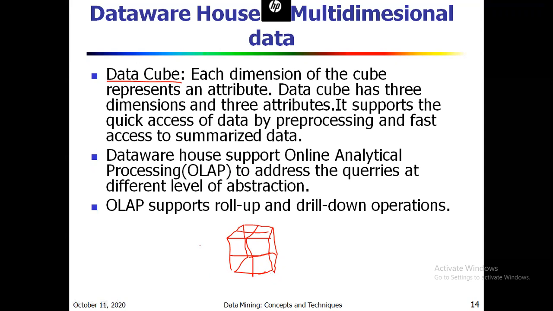So you can address the query in different ways of accessing your data. You can ask considering any of the attributes or any combination of the attributes, so you can generate a query. So online analytical processing supports roll up and drill down operations.